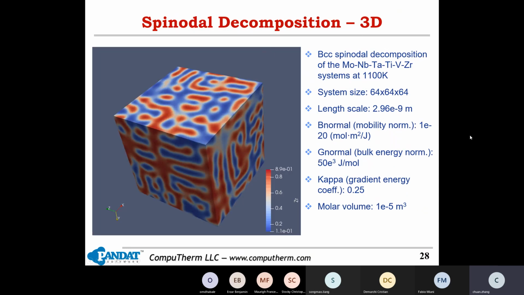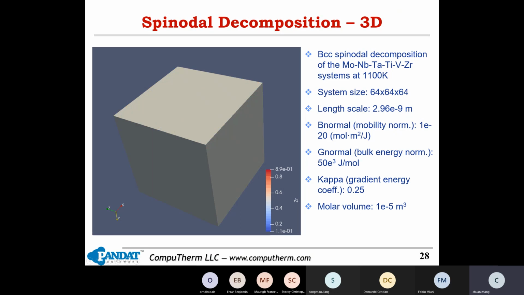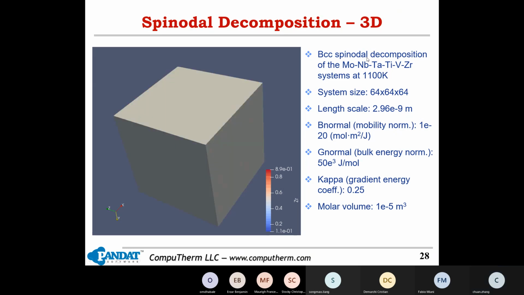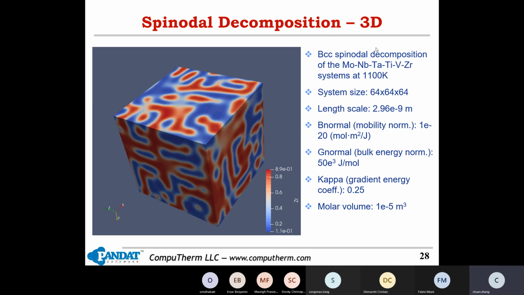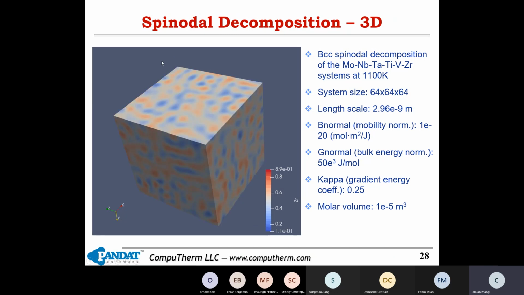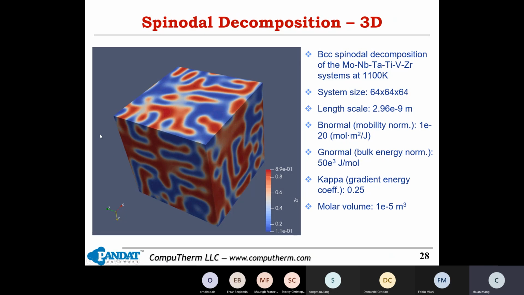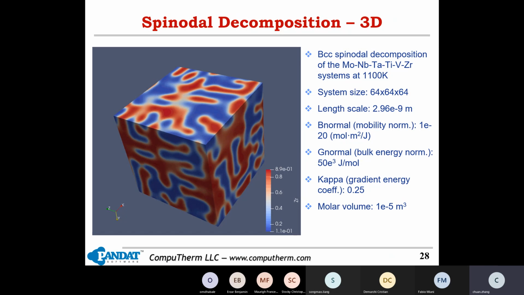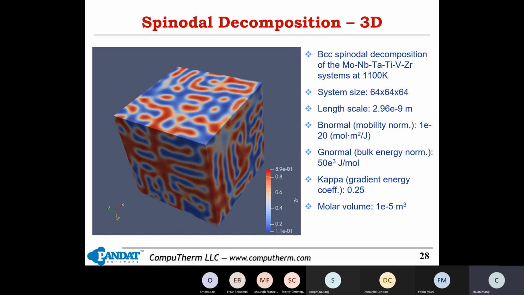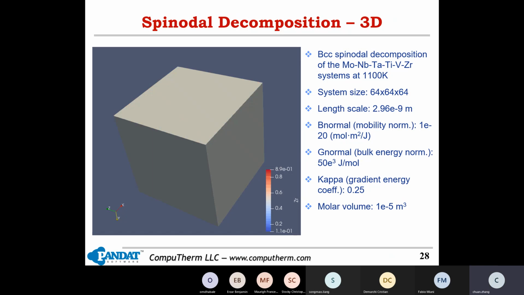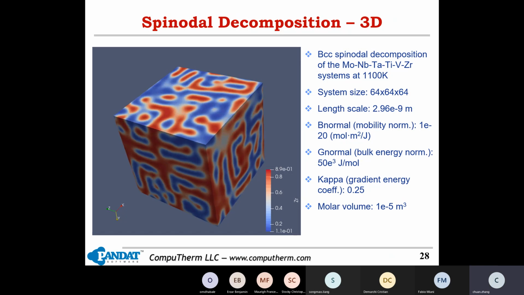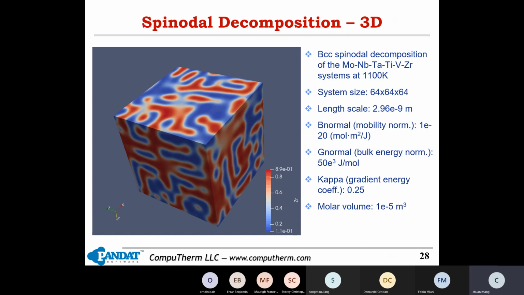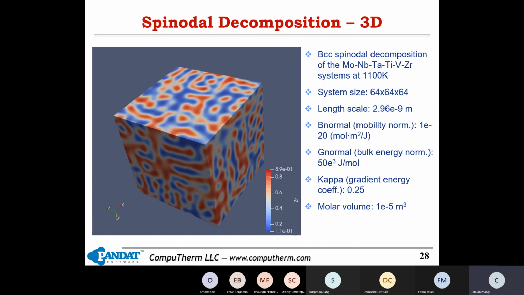The other example is a 3D simulation of spinodal decomposition for a 6-component alloy. You can see all the simulation conditions listed here. This is the simulated result. In addition to the built-in models, we also provide the tools and the platform for users to plug in their own models to do phase field simulation.